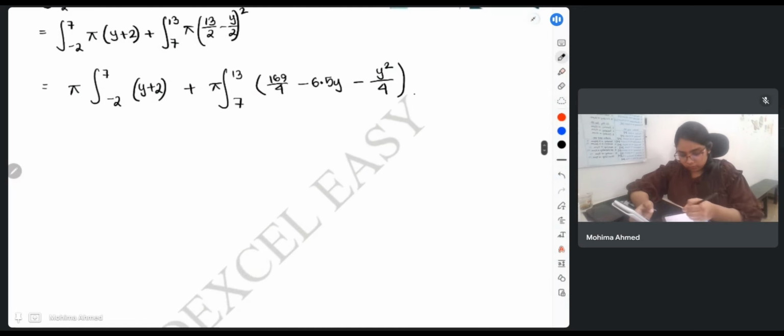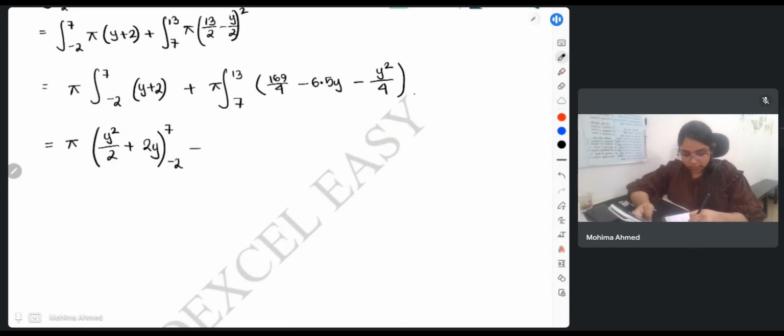Okay, and after this I'm going to integrate these equations. Again, pi can be taken as a common factor from here, so it's going to be y squared by 2 plus 2y. This is one integration part where the boundaries would be 7 to -2. And then again, in this case, we're going to have 169 by 4 y minus 6.5y squared by 2. And over here, it's going to be y cubed by 3 multiplied by 4, which is 12.